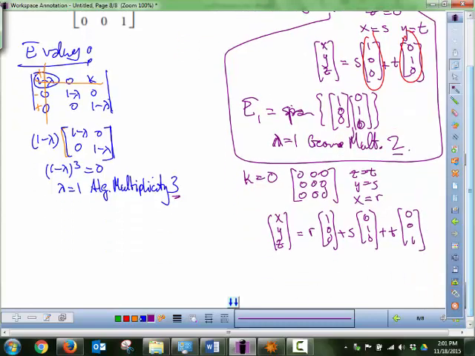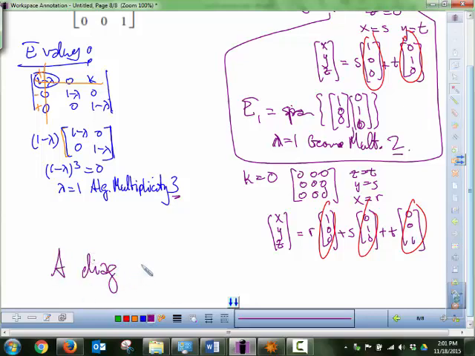So now you have a 3-dimensional eigenspace, and that's the only way you can get this to be diagonalizable, if k was equal to 0. So A is diagonalizable if k is equal to 0.